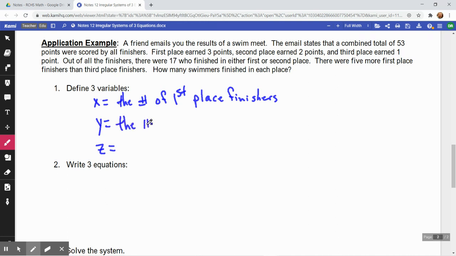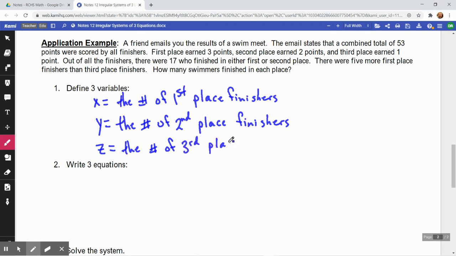We want to be a little bit specific here as to how we define our variables. We don't want to just put second place. We are talking about how many finished in second place. And z, the same idea, the number of third place finishers. Okay, so we have our 3 variables, x, y, and z.